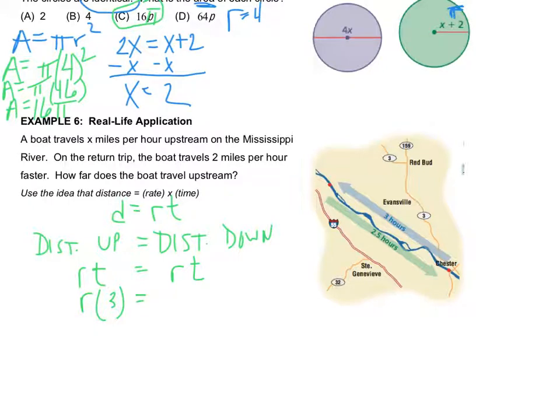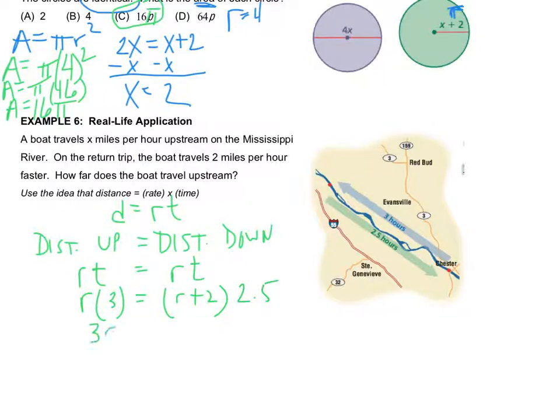So with that in mind, I can say, I don't know what it is, but it is 2 miles an hour faster than the other side. So let's say r was 5 miles an hour, it's now 7 miles an hour, so it's faster. And I also do know the time, right here, downstream, is 2.5. So there's my equation.